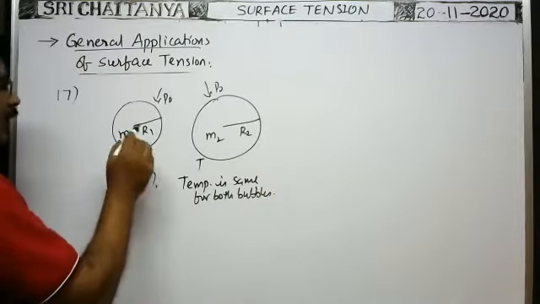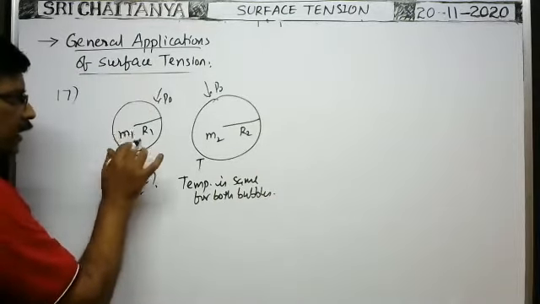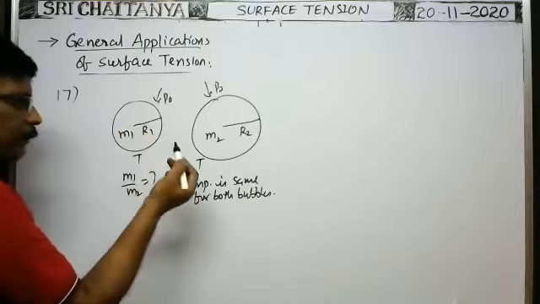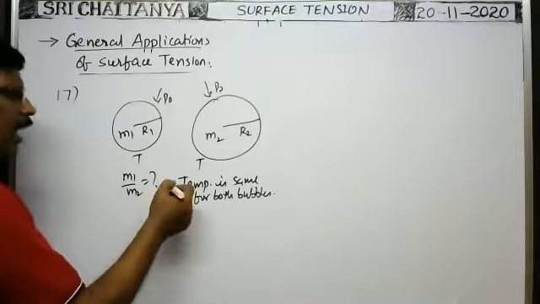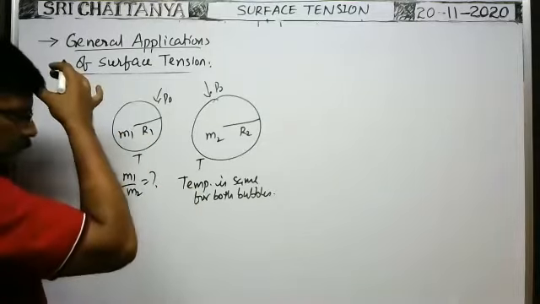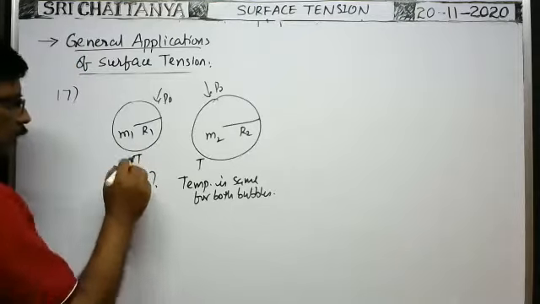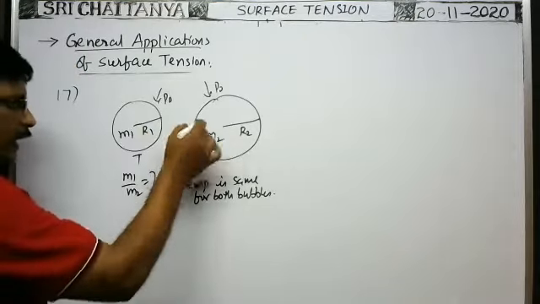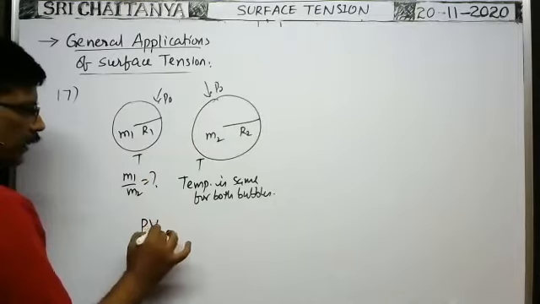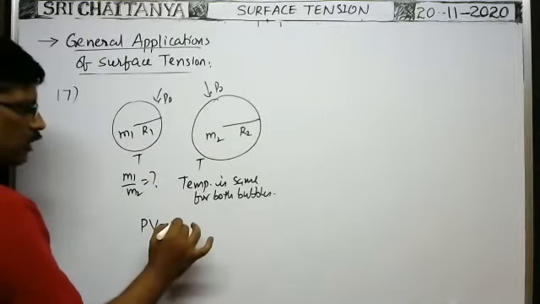If M is the mass of the air inside the bubble at any temperature, say theta, then for any gas inside the bubble, PV is equal to nRT. N means number of moles of the gas.